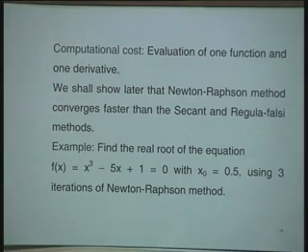Suppose the value of f at 1 is minus 0.5, and f at 4 is plus 1.5. The root lies between these, but 1 is closer to 0. Therefore, I will take a value closer to 1 as my initial approximation, so that will reduce the number of iterations.